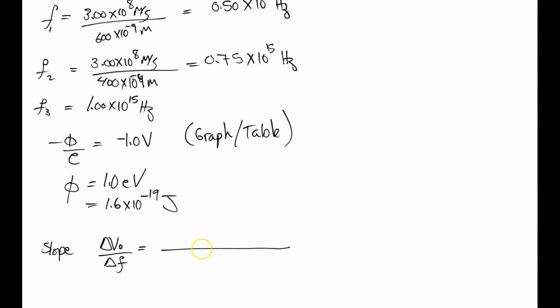If we consider 3 volts minus a negative 1 volt over the change in frequency that corresponds to those two voltages, we get 1.0 times 10 to the 15th hertz minus, when the voltage is negative 1, we don't have a frequency corresponding to that, and we get about 4.0 times 10 to the negative 15th joule second per coulomb.